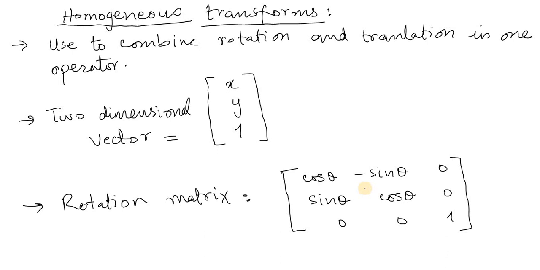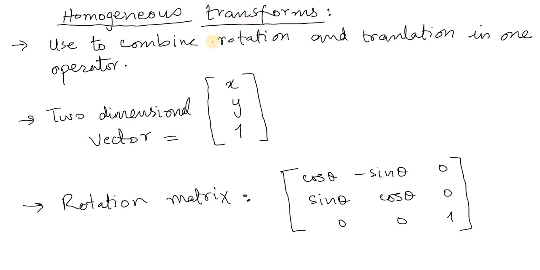So in short, it simplifies your calculations, and also when later you have to multiply it with some other matrices, if it's symmetric, then it's easier. So these are the advantages of using homogeneous transforms.